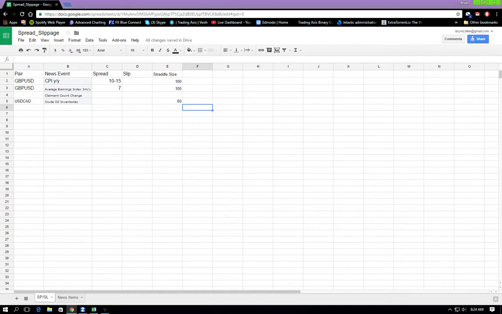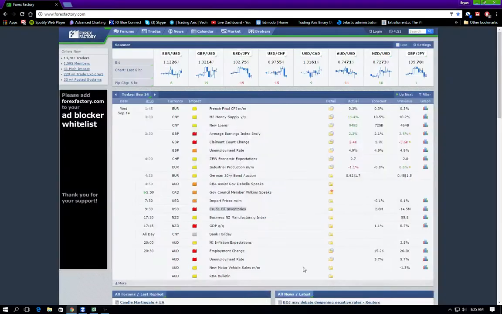Remember guys, today this is going to be a dangerous one, and let me show you why. The spread is probably going to be higher than usual because China is closed. We're going to be missing a lot of liquidity in the market, so the spread on this is probably going to be pretty outrageous.